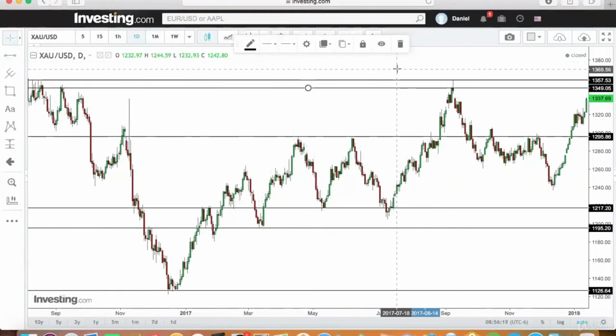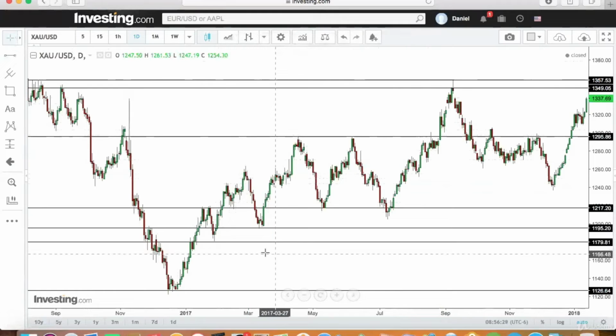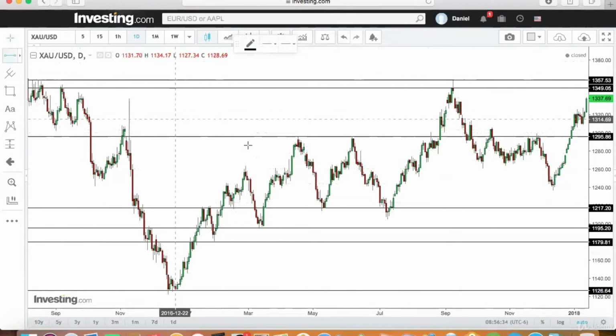You put another horizontal line there, and then you map out your entire chart like that again. I do have a zone here, but it's a minor zone, so I won't map that out.